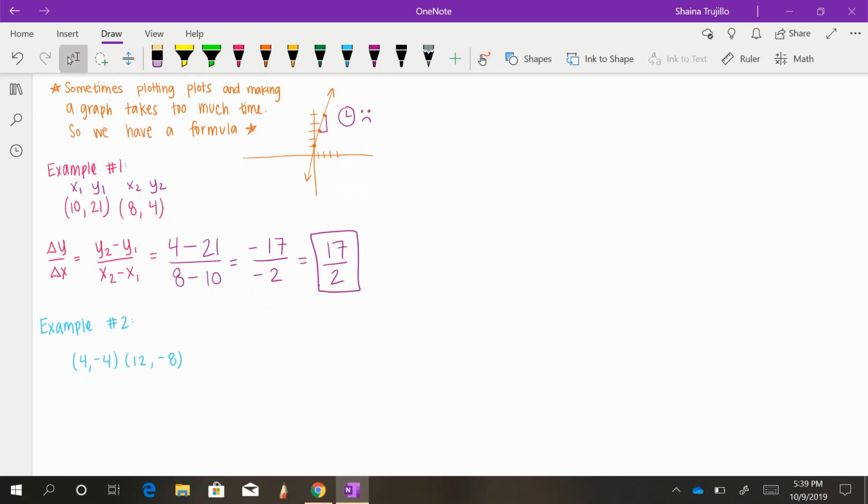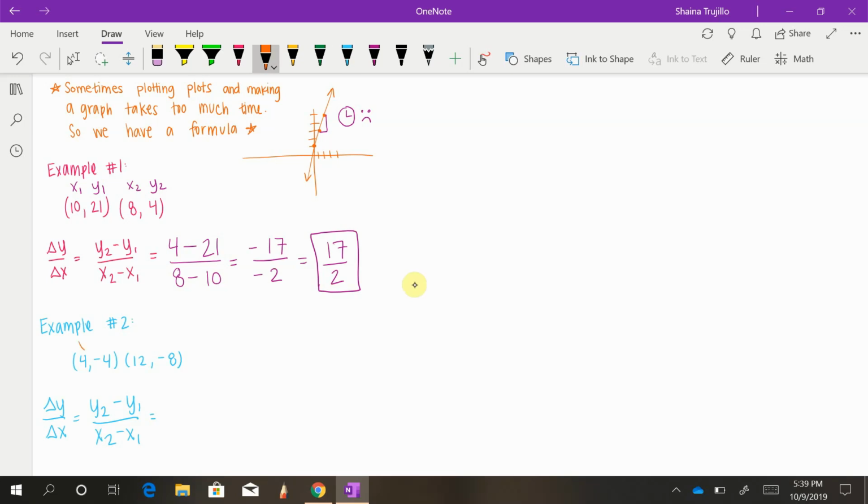Now for the second example, okay, remember we're still going to follow the change in y over the change in x. Okay, and I always like to rewrite the formula so that it gets stuck in my head and I know what to do.